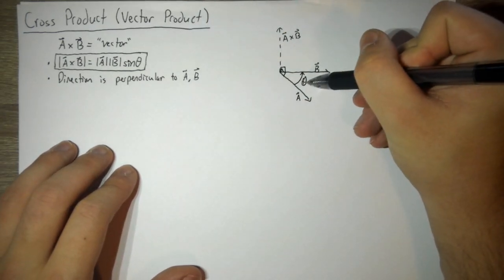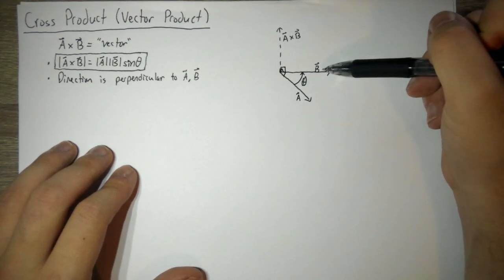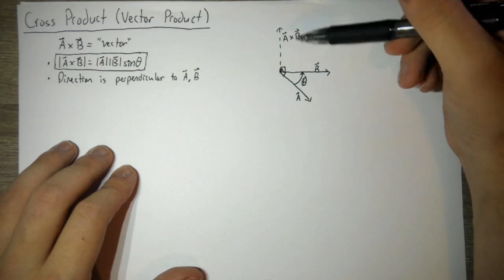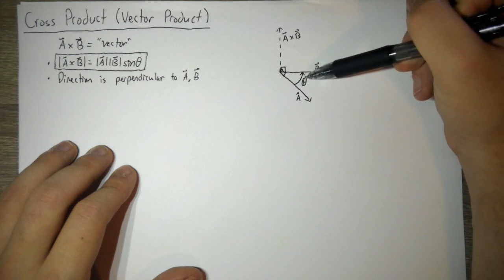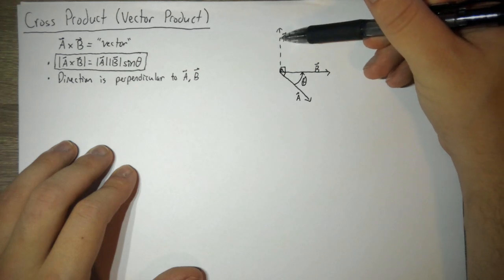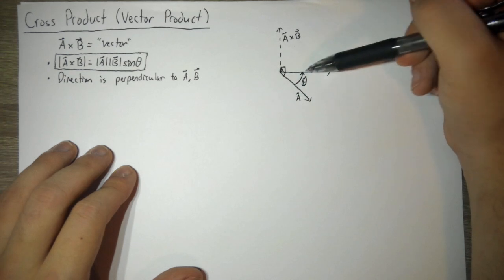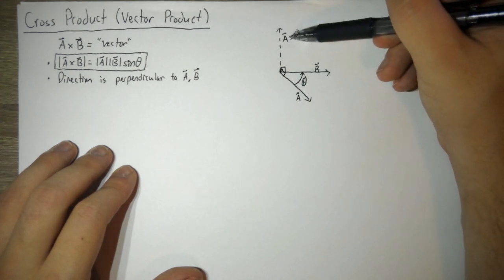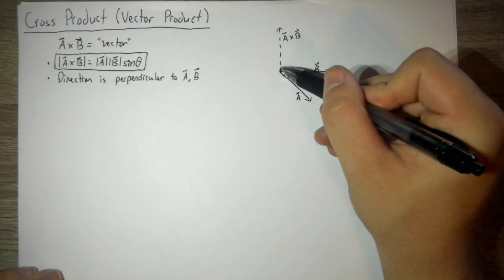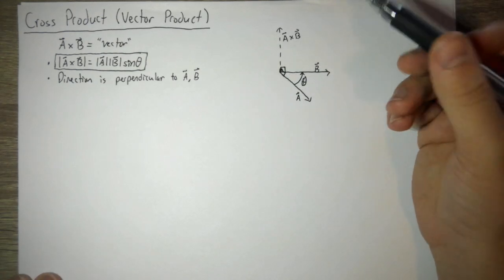So what this looks like is this picture here, where we have A and B, and they're in a flat plane, and we have an angle between them, and then we have this resultant vector, which is perpendicular to both of them, A cross B. I have these symbols here to show that these are 90 degrees.